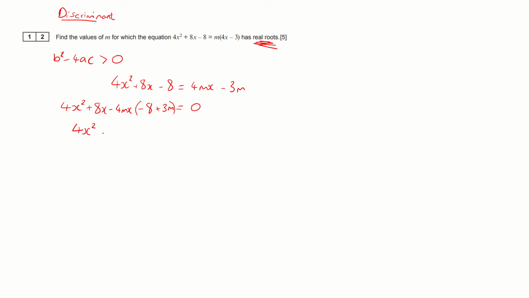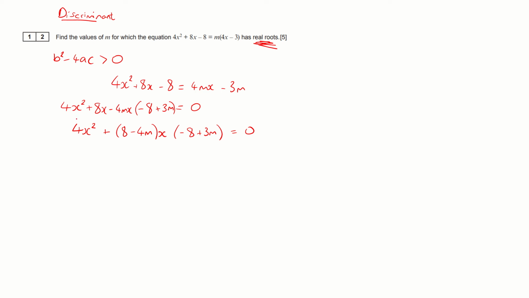4x squared plus, now this second term here, in terms of before x, we're going to have 8 minus 4m, which can be factored out, and the x then, and then we have that entire c term on the end.